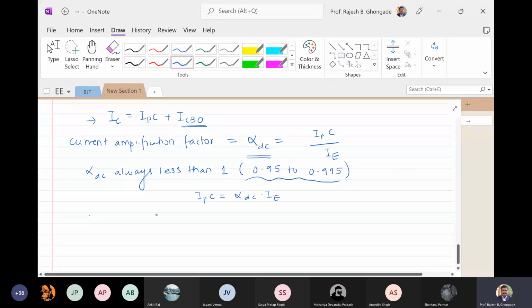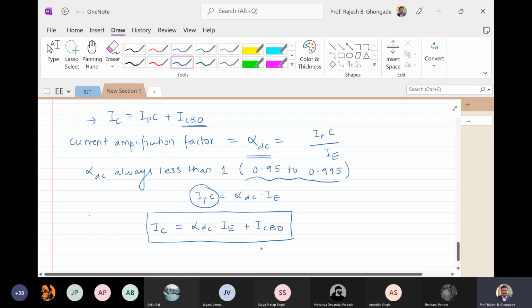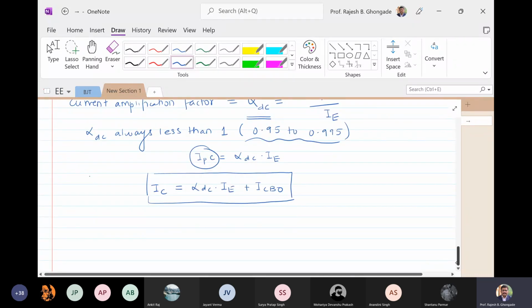So I can write IC as, substituting the value of IPC, alpha DC into IE plus ICBO. ये मेरा कलेक्टर करंट के लिए, आउटपुट करंट के लिए इक्वेशन आ गया. Alright? Okay up to this point? Yes, sir. I have merely substituted the value of IPC. That's all.